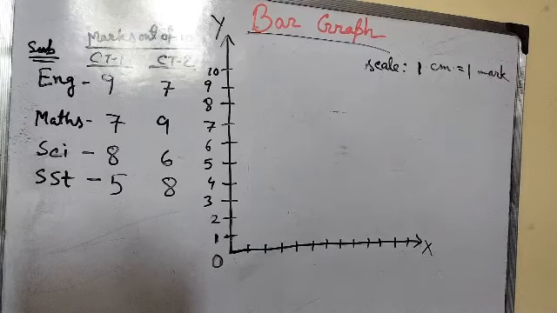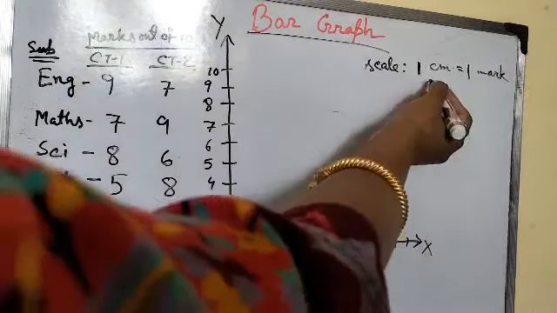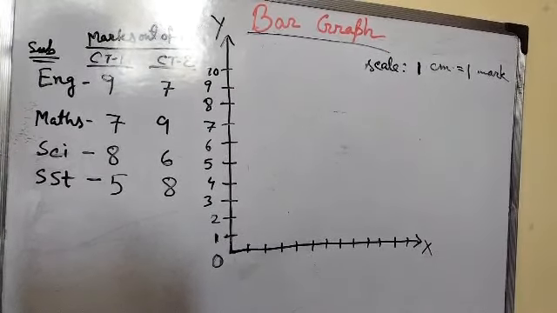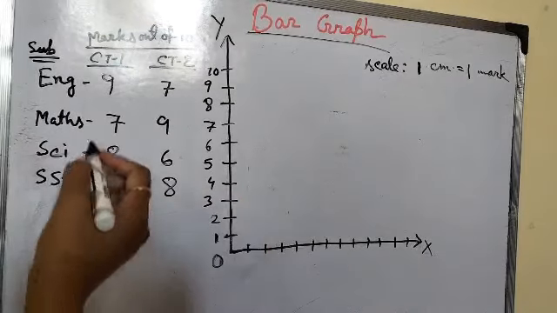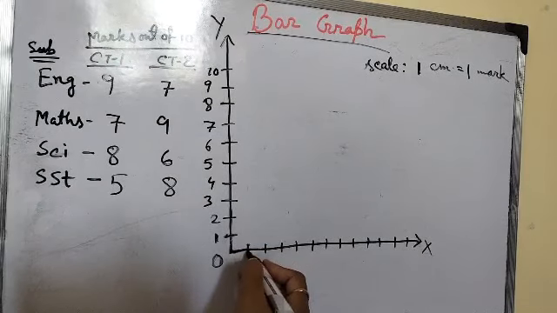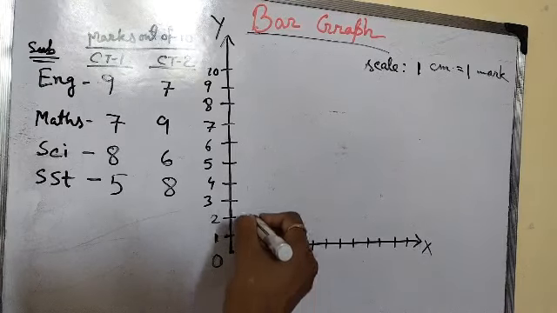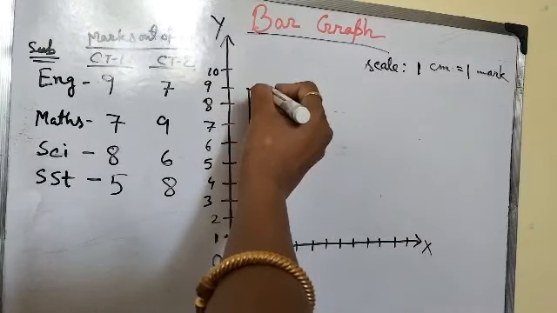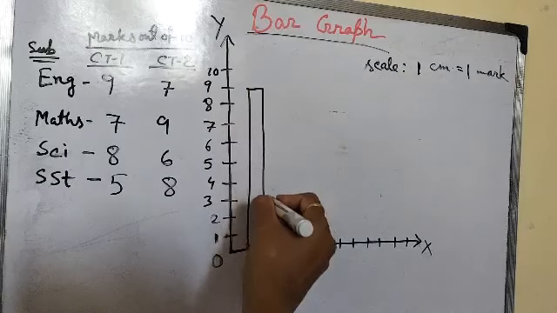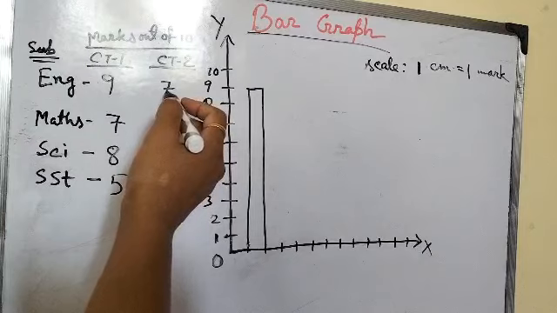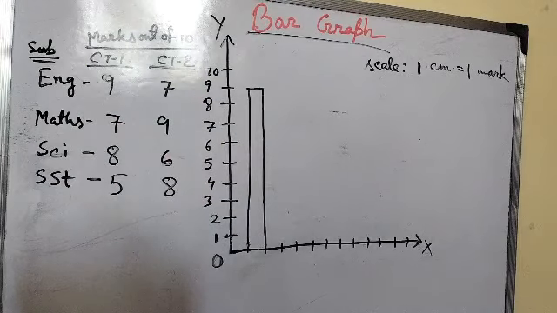Next we have to draw the graph. Here also I have taken 1 centimeter equal to 1 mark. That scale you must give. Next, first English, 10 boxes I left on the left side. Then 9, first one is 9. Then city 2 in English, 7 marks is there.